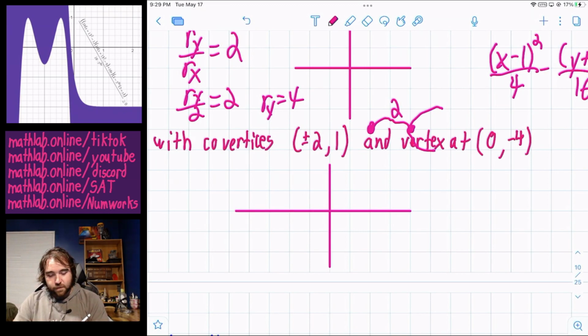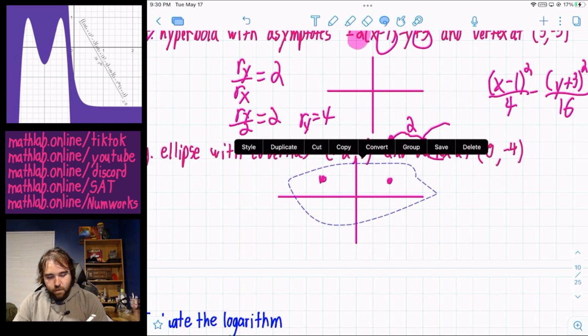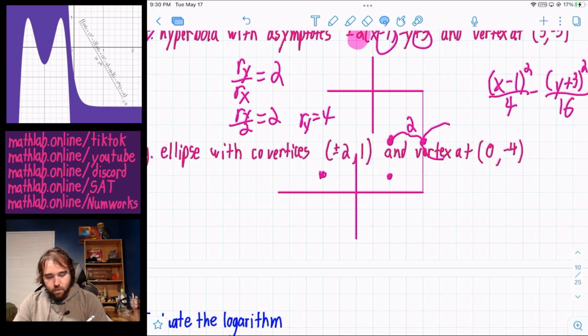We got covertices at plus or minus 2, comma 1. So plus or minus, oh, it's here, plus or minus 2, comma 1. And then another vertex at 0, or the actual vertex at (0, -4). So let's move all of this up 1, full 1, (0, -4).